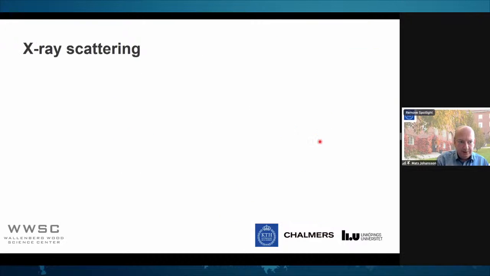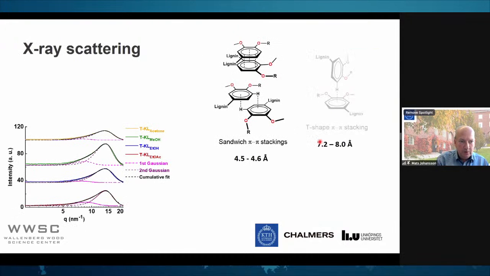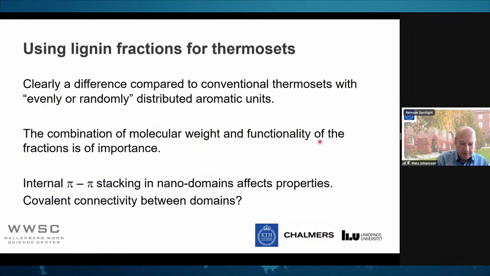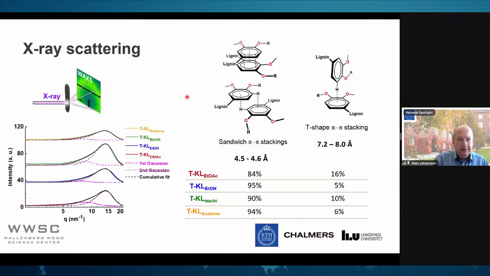Then looking into WAXS, wide angle X-ray scattering, we look at smaller distances. We could see that we found different repeating distances within the thermoset network.